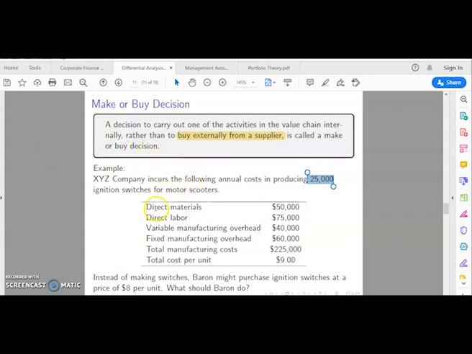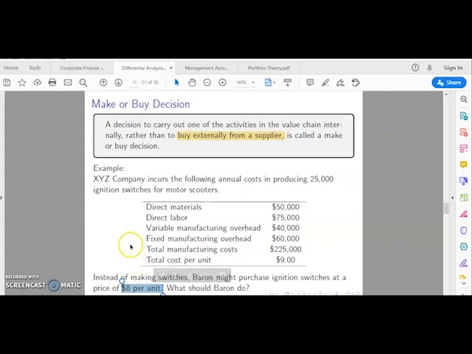So there is direct material, direct labor, variable manufacturing overhead, fixed manufacturing overhead, and the total, which is 225,000, which gives you $9 per unit. So the total cost per unit is $9. Instead of making the switches, the company can purchase at a price of $8 per unit.